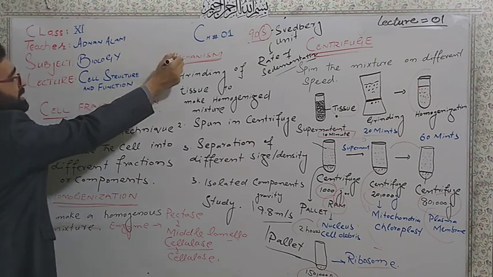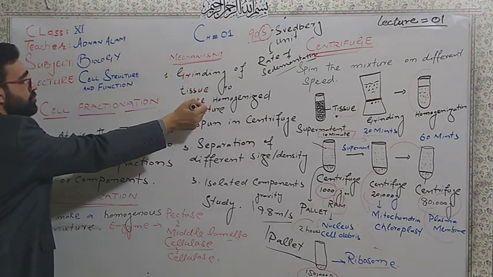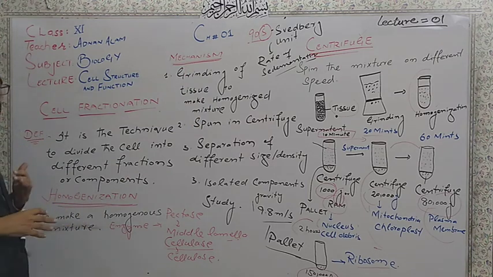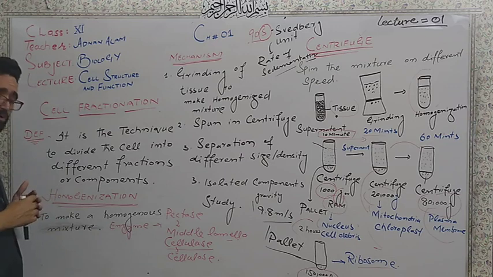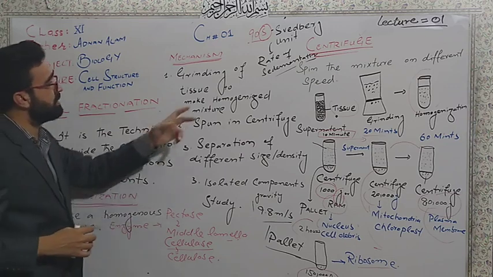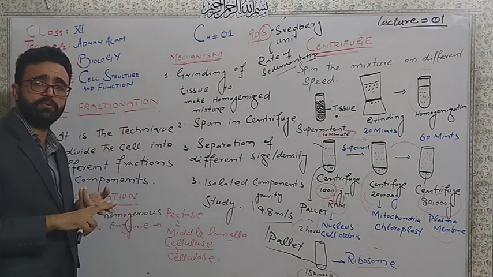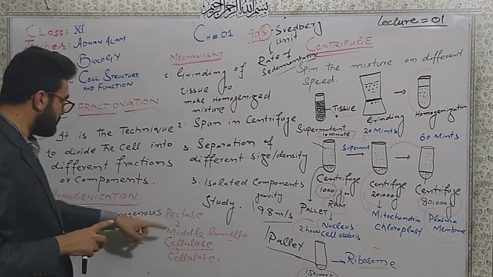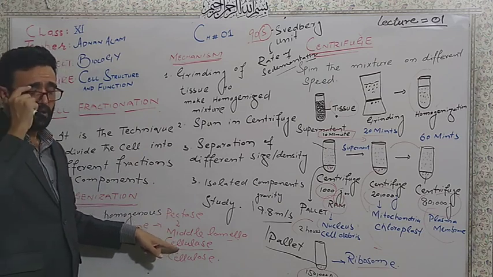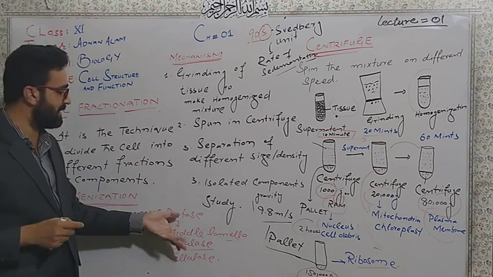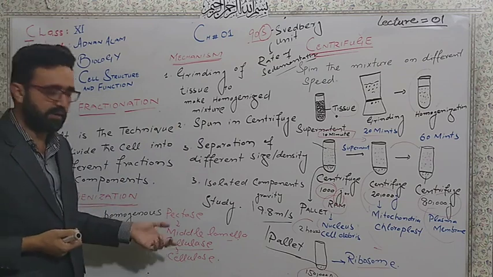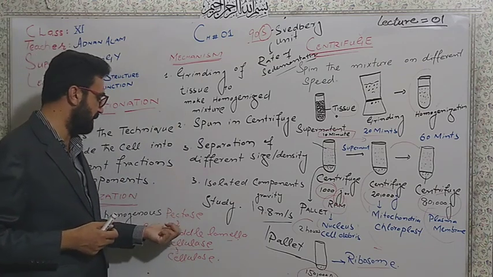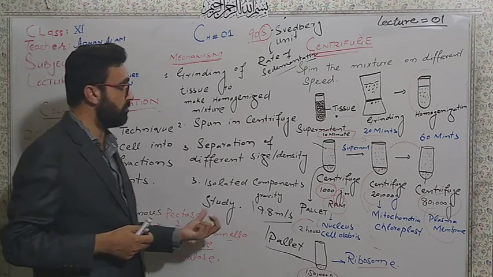The mechanism is first grinding of tissues to make a homogenized solution. Homogenization is the process by which we make a homogeneous mixture. For this purpose, we use two mechanisms. First is grinding, and also we apply some enzymes. These enzymes play a vital role in breaking the different large chemical compounds that are present, like pectate and cellulose.